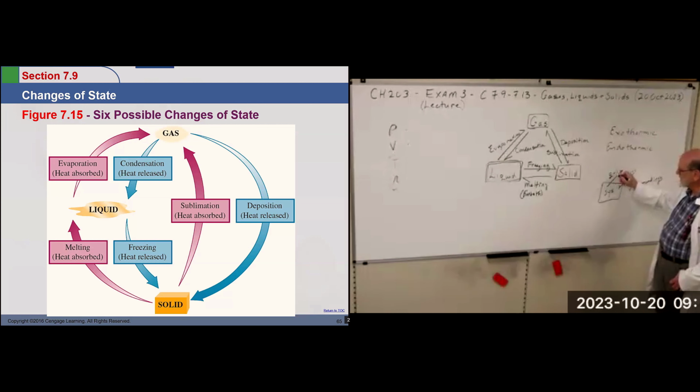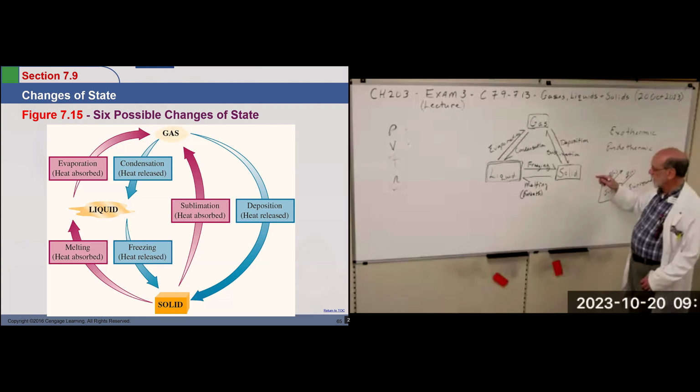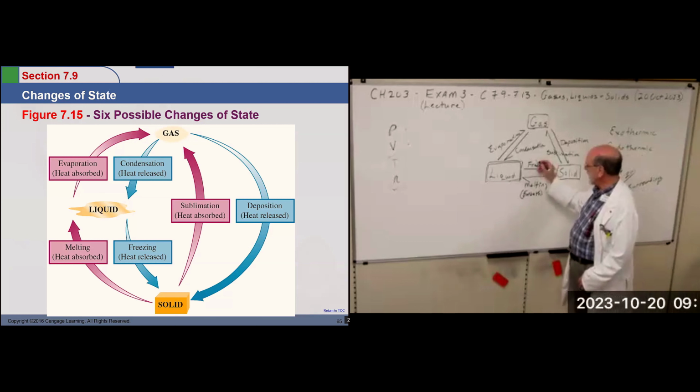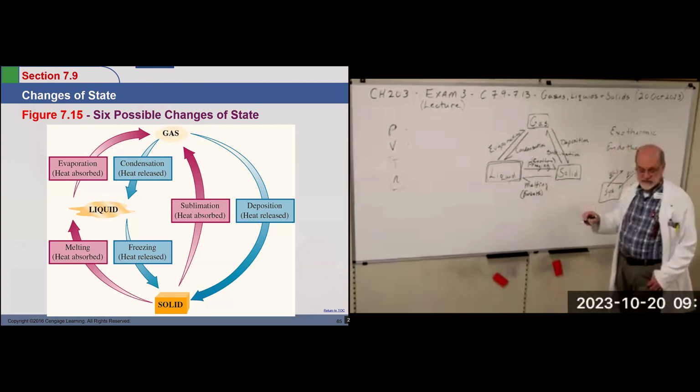In that case, q is negative. All the signs on these, you can put values to these. So many joules per mole, joules per gram. You can put values on these, and if there's a value associated with it, it would have to be positive if it's endothermic and negative if it's exothermic. So this one is going to be exothermic. Freezing.